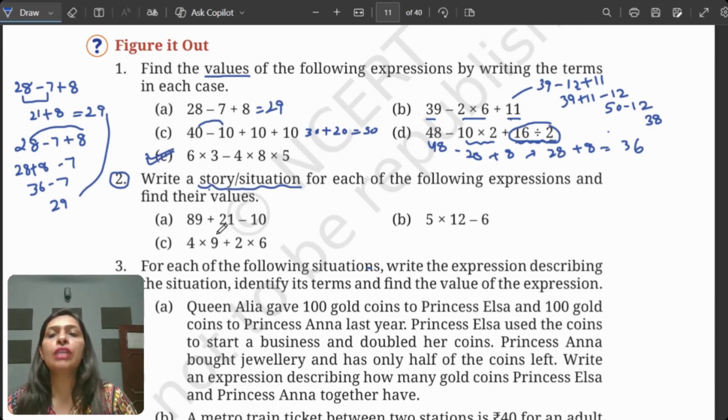Let's suppose my story could be person A has got 89 marbles, person B has 21 marbles, and whatever the amount of marbles they have together, they gave 10 marbles to their friend C, because they just shared with them.